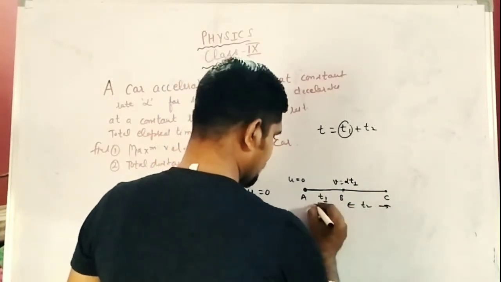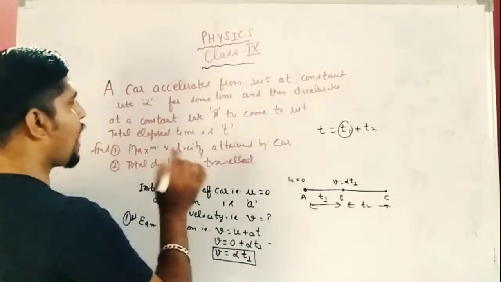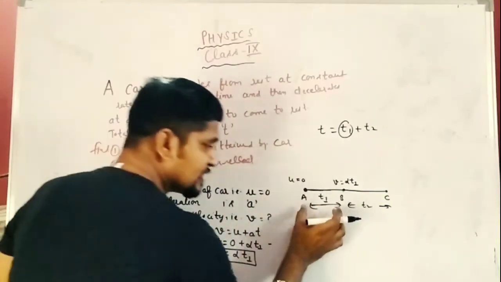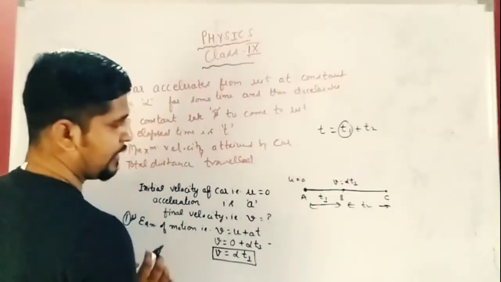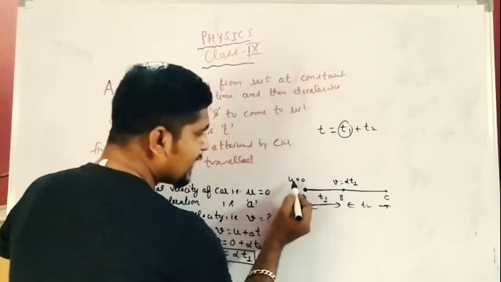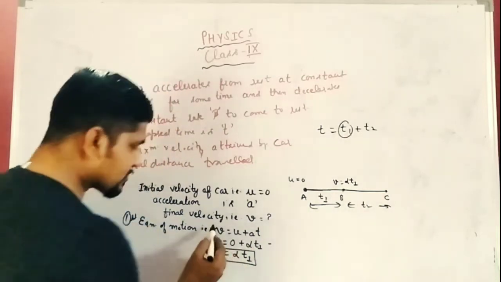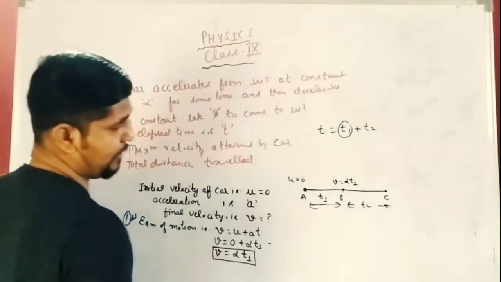It means the time taken by the car while accelerating from rest at constant rate alpha is t1, and the distance is from A to B. At point A the initial velocity is 0; at point B, by using the first equation of motion, the final velocity will be alpha t1.